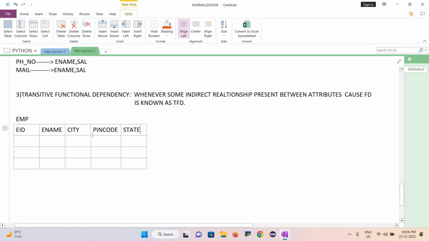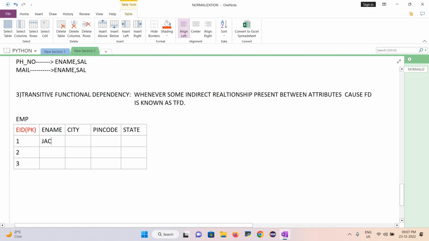So here we can easily identify this. This is my primary key, because if the employee names are repeated, or sometimes the cities are repeated, once cities are repeated, pin code might also be repeated, and if both are repeated then obviously the state is repeated too. That's why I would say this is my primary key. It will never have duplicate values, always unique values.